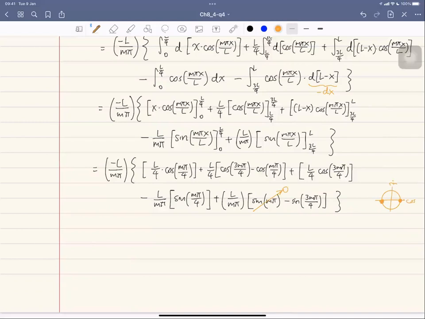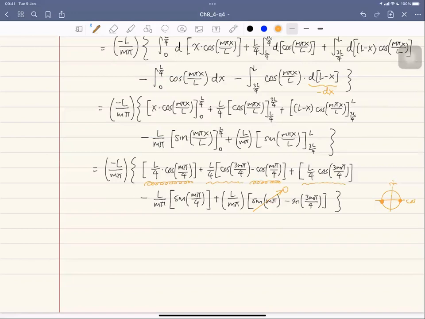So that goes away. And now we can double check over here, for example, this term over here is exactly the opposite of this term with the L over 4 in front. And this term over here is exactly the opposite of this term.